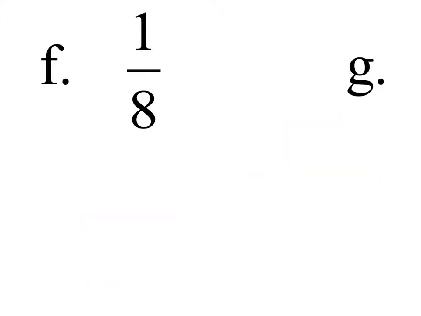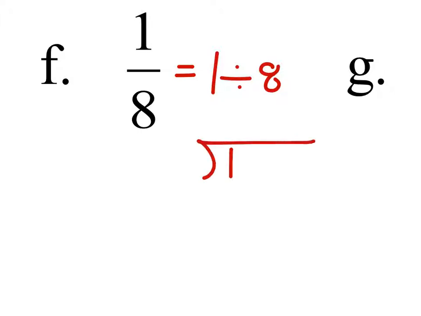Alright, F, we've got 1 divided by 8. So again, we can rewrite it if it helps us to see that better. And this is 1 divided by 8. Once again, 8 does not go into 1. So we'll make this a 10.